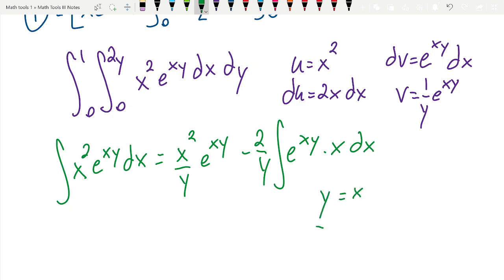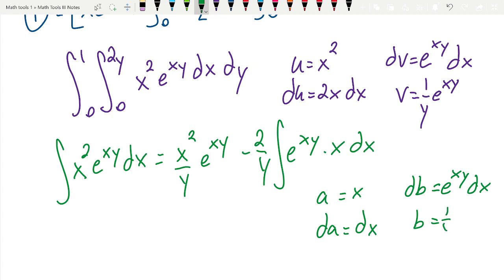So we let a equal x, or I guess we shouldn't use that variable, right? We could just use a, and then dA is equal to dx, and then we'll say dB is e to the xy dx. So it's fine that we kept the y out here because it's a constant right now. And then b is equal to 1 over y e to the xy.